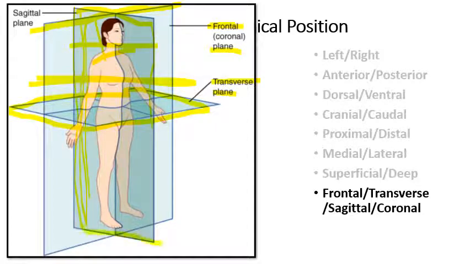Now, if the cut is right down the very center of the body, as is shown here, that's referred to as a mid-sagittal plane. But you can also cut the body from front to back in other parts, and we call those sagittal planes as well. They're just not mid-sagittal planes because they're not running down the middle of the body.